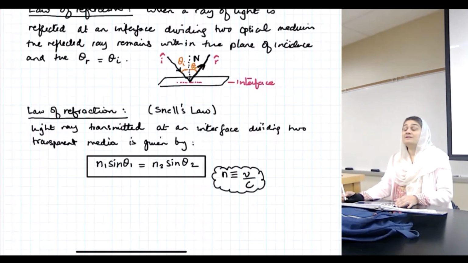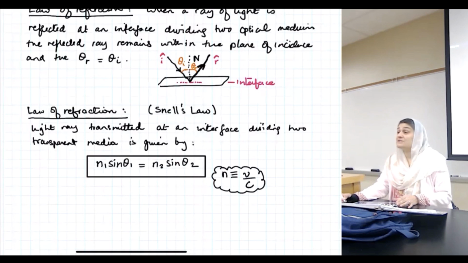And N is the refractive index of the medium.